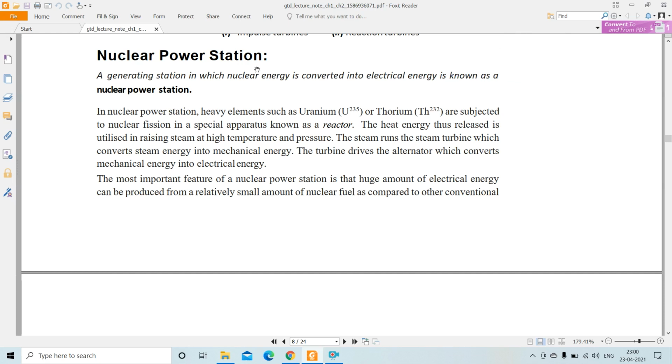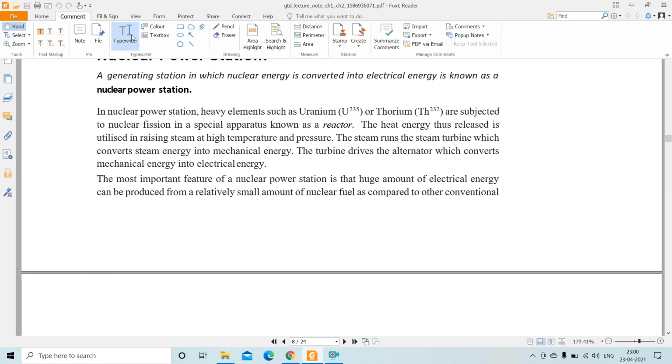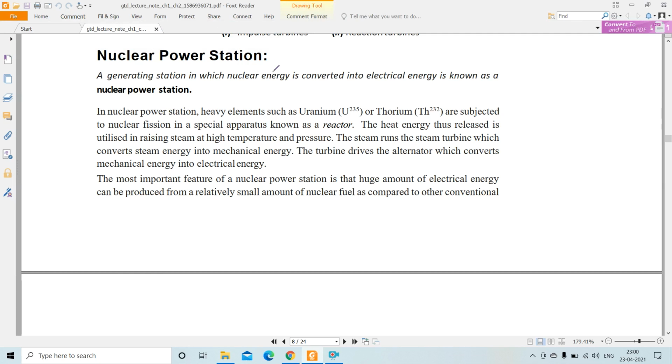So see, nuclear power plant means what? It is a generating station in which nuclear energy is converted into electrical energy, known as a nuclear power station. So in a nuclear power station, what happens? Heavy elements such as uranium 235 and thorium 232 are subjected to the nuclear fission process in a special apparatus known as a reactor.